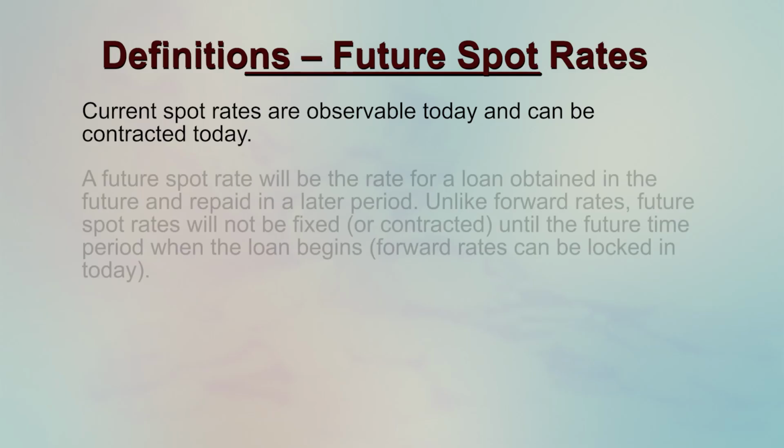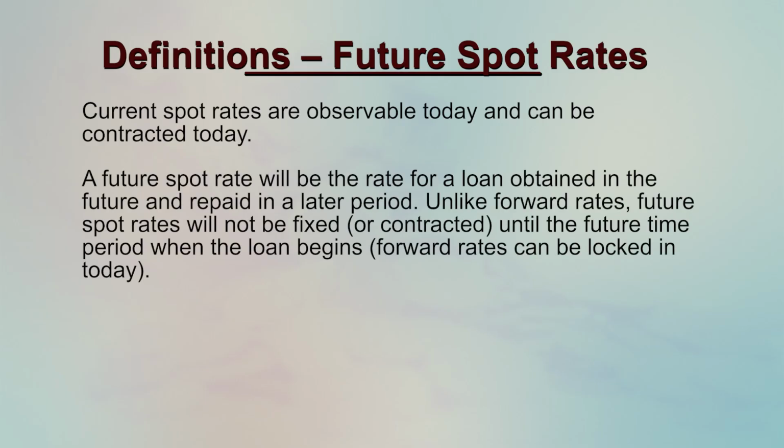That means whenever we are engaging in any dealing of foreign exchange or purchase and sale of gold, then we go for the current spot rate, which is observable today and can be contracted today also. But when we discuss the future spot rate, it will be the rate for a loan obtained in the future and repaid in a later period. That means it will be obtained at a future rate.